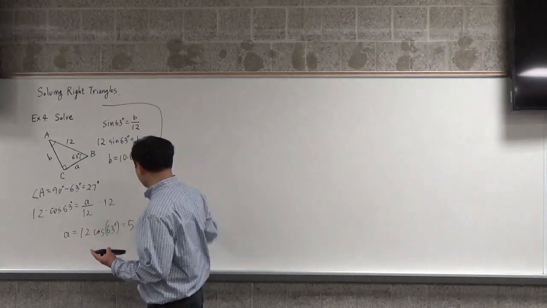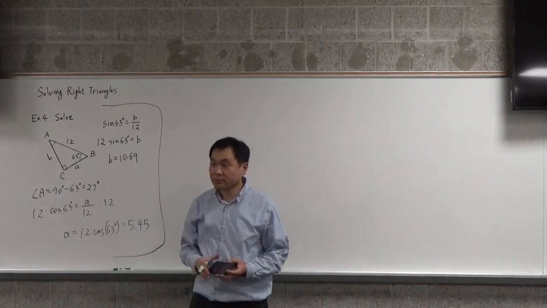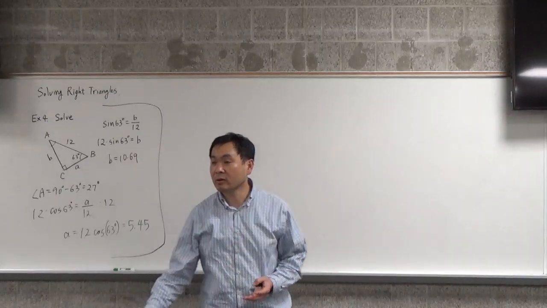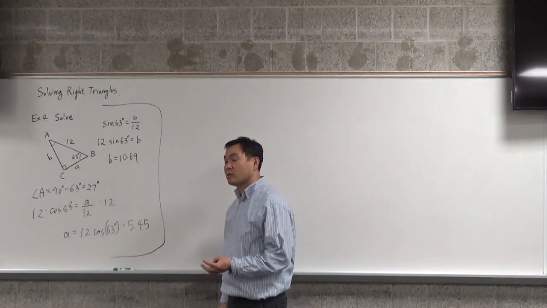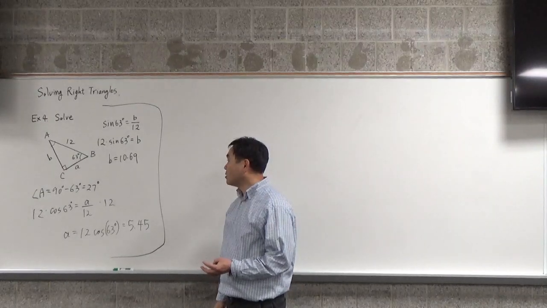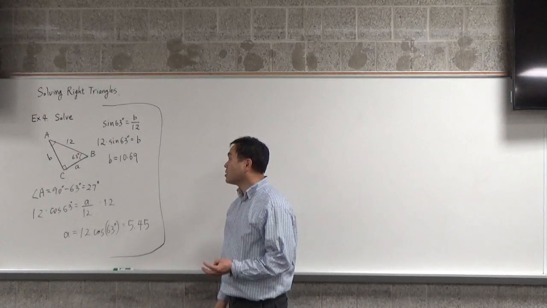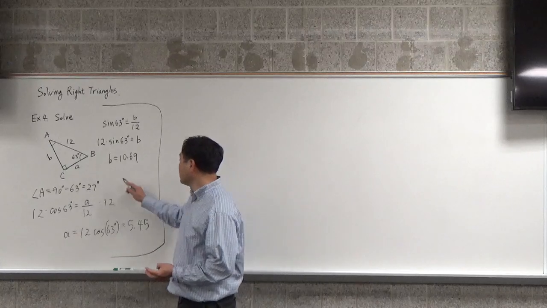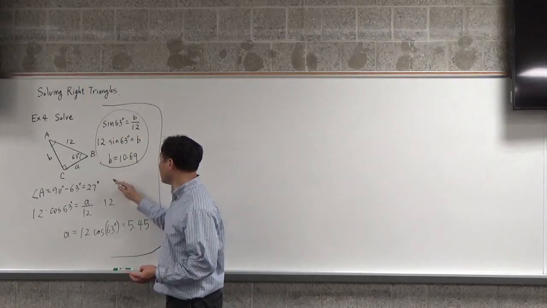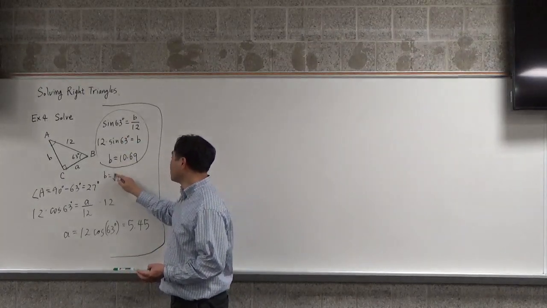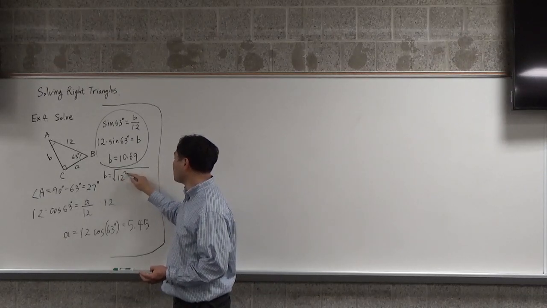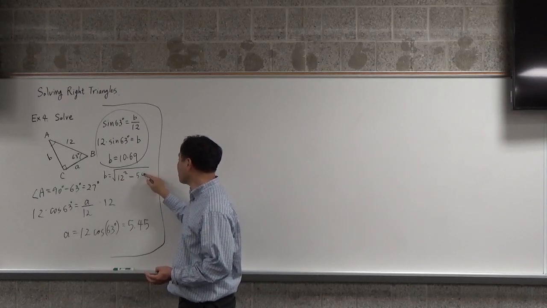Okay, so that's how you solve this question. Professor, after you find side A, when you have side A and the hypotenuse, could you just use Pythagoras here? Yes, you can also say, instead of using this, B is the square root of 12 squared minus 5.45 squared.